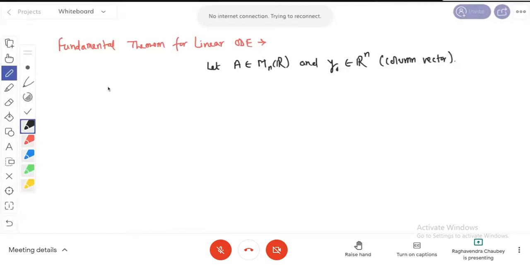So the unique solution of the initial value problem. Before that, what is your differential equation? So what is the initial value problem?